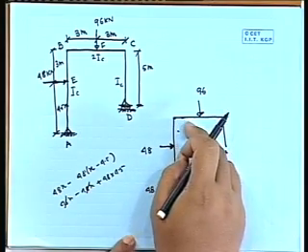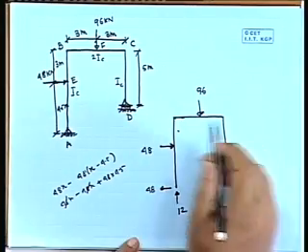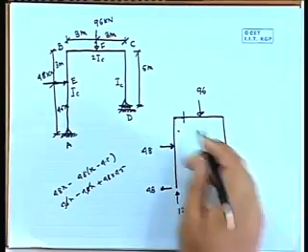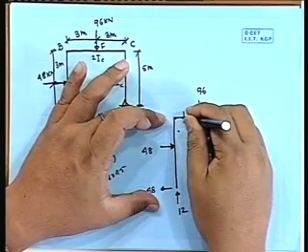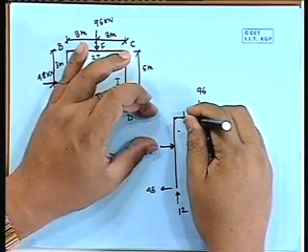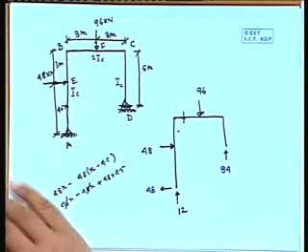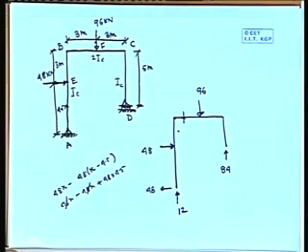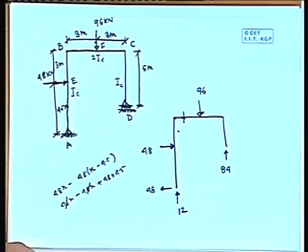That plus 12 into x will be the additional moment. Say here at this point, if we take the moment, so 48 into 7.5 minus 48 into 3. So it will be 48 into 4.5. So 48 into 4.5 is 216. That part already you have calculated.